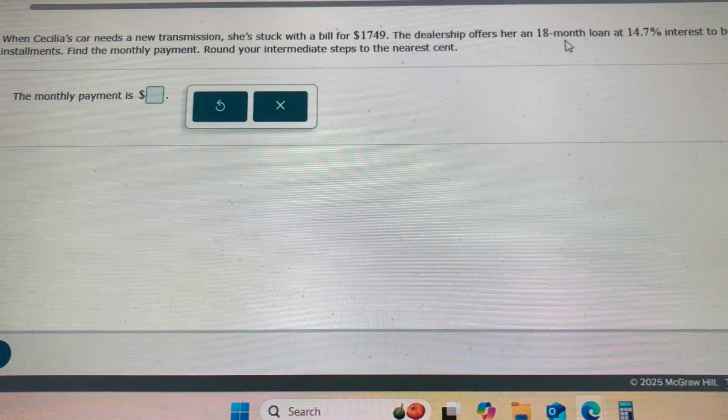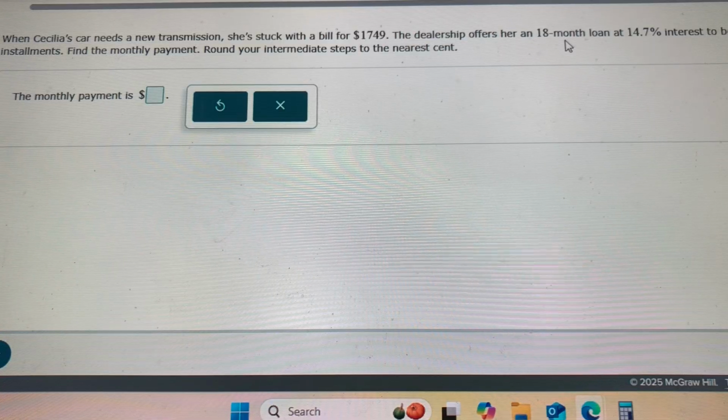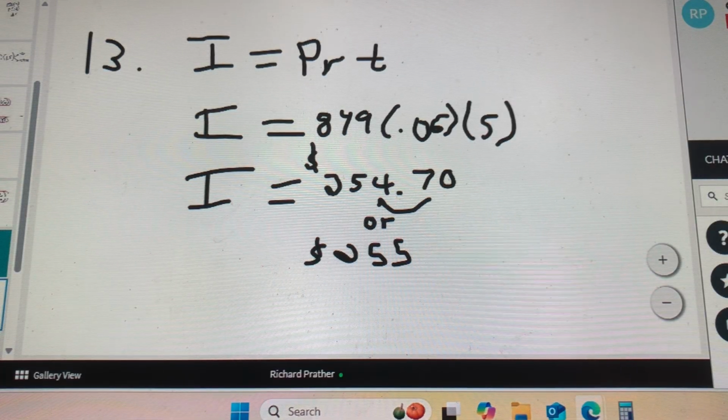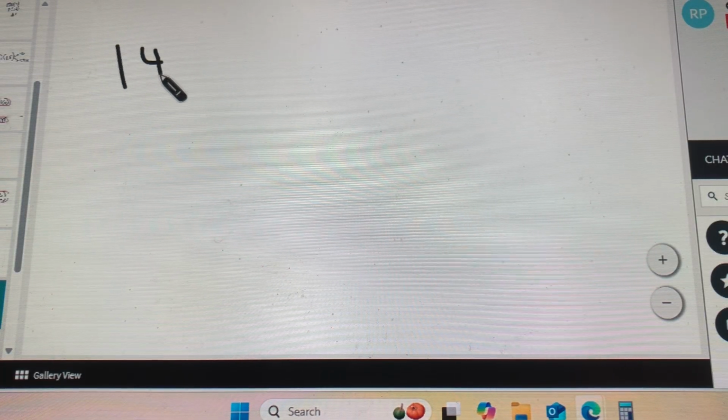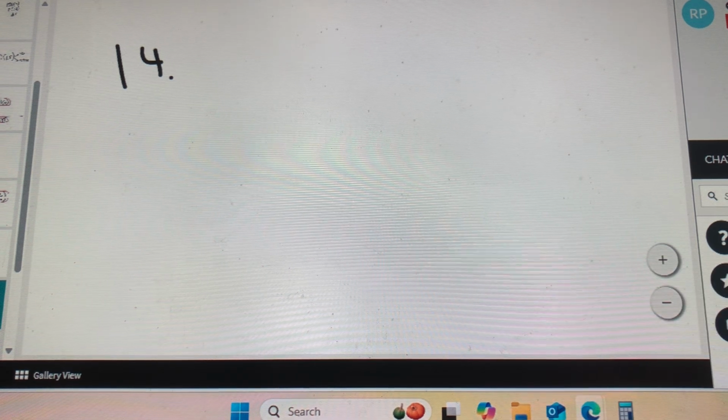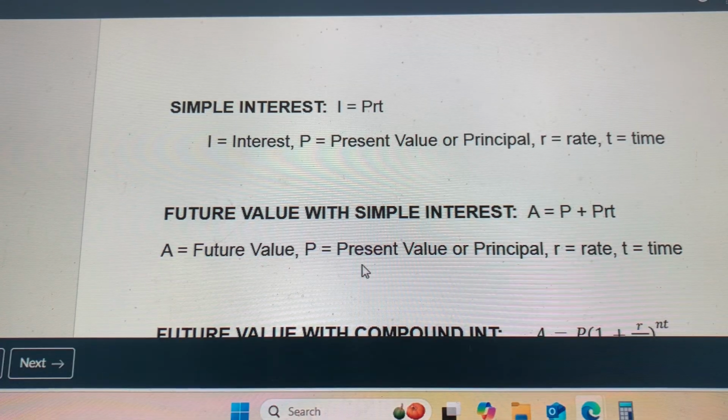So we could figure out the future value, and then if we figure that out to the month, we can know how much her monthly payments are. So there's only two formulas to pick from right now. It's either interest or future value, and I'm thinking future value works better because there's nothing here about interest in this problem.